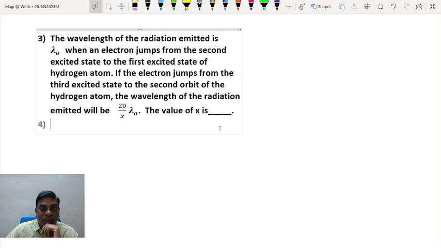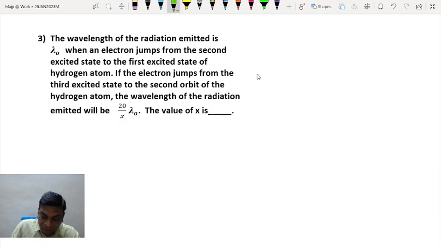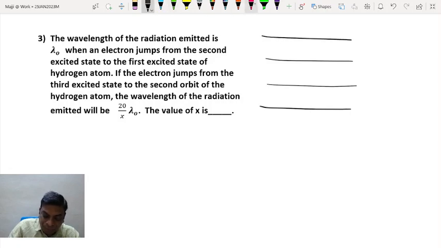For a hydrogen atom, the ground state corresponds to n equal to 1. The first excited state corresponds to n equal to 2. The second excited state corresponds to n equal to 3, and so on.